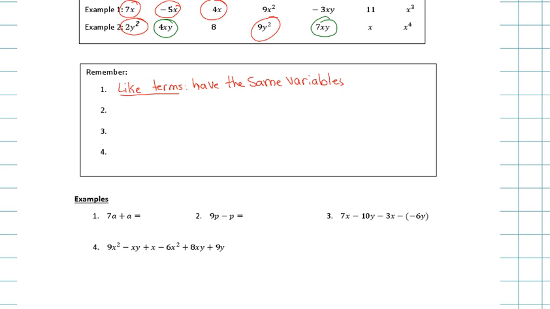So for example, I have xy, 3xy, negative xy. They're all like terms because they have the same variable.